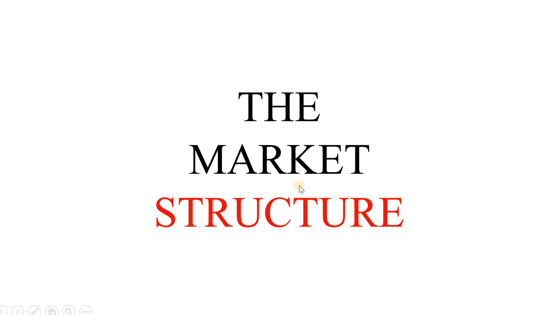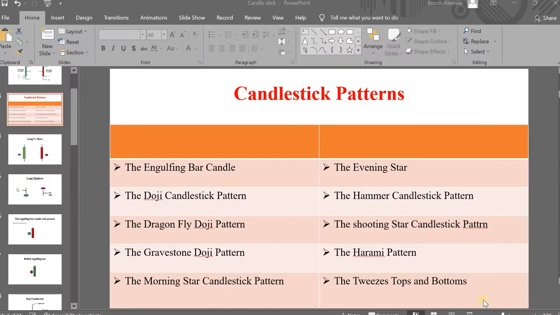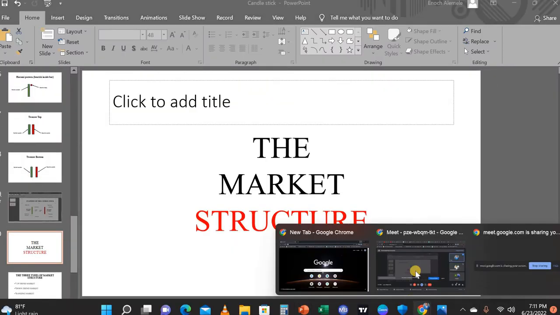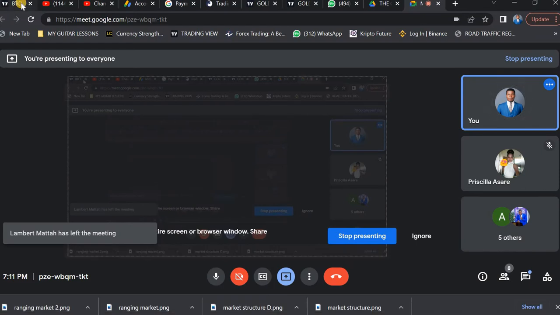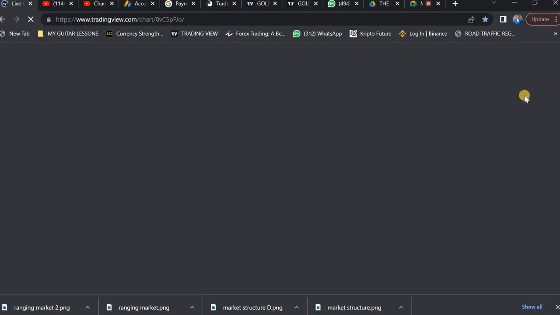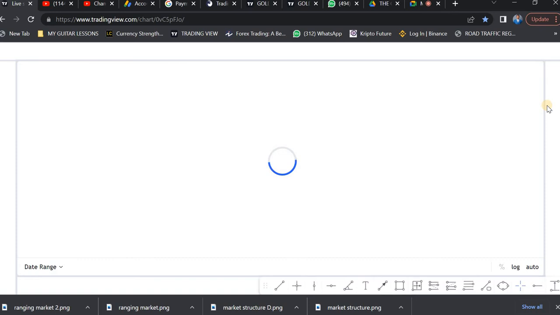When we talk about the market structure, what does it mean? I'll quickly switch and take you straight to a page where I'll show you the markets.